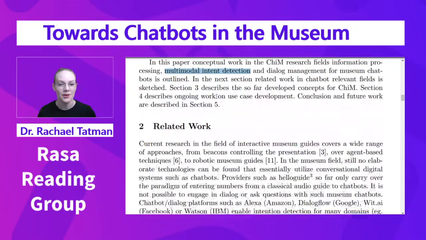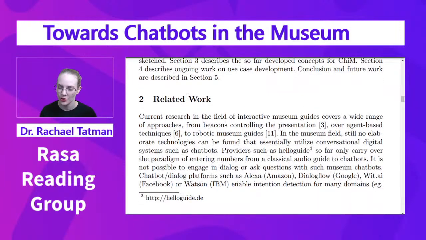Related work. Current research in the field of interactive museum guides covers a wide range of approaches, from beacons controlling the presentation, helloguide.Germany, I think, over agent-based techniques to robotic museum guides.